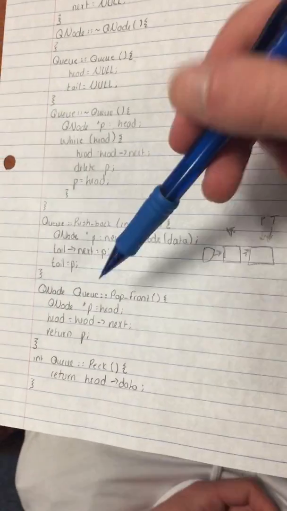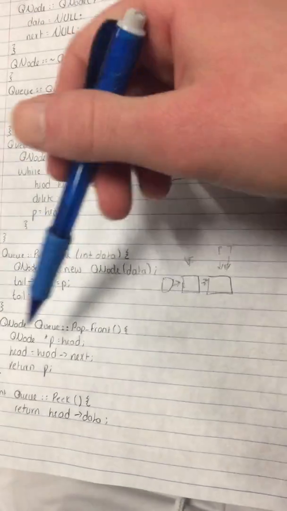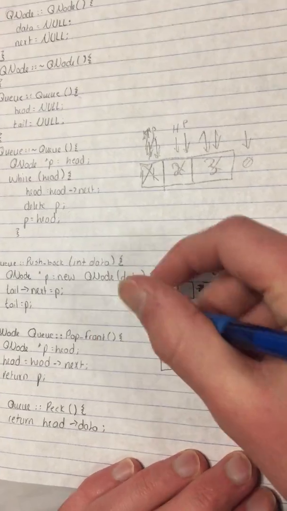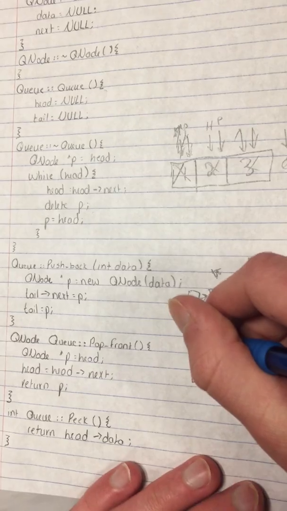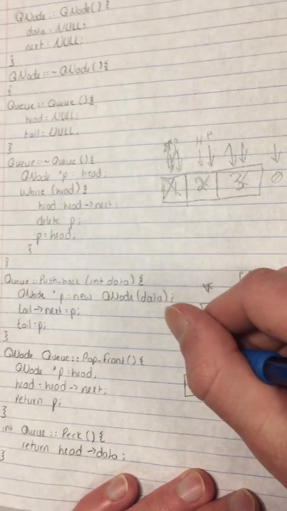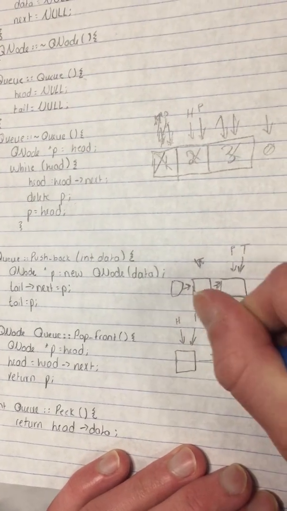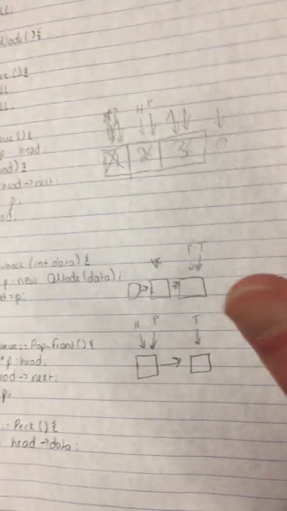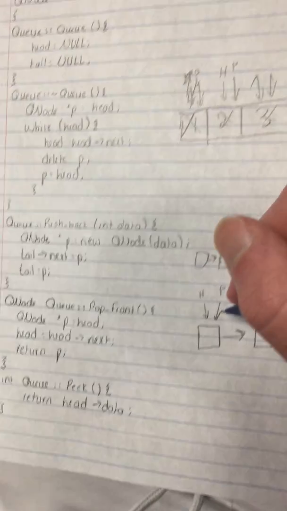And so here we have pop front, which I previously mentioned. To do this, we're going to create a pointer p, set it equal to the head. So we got our head, p. And so we're going to make head equal to head next.